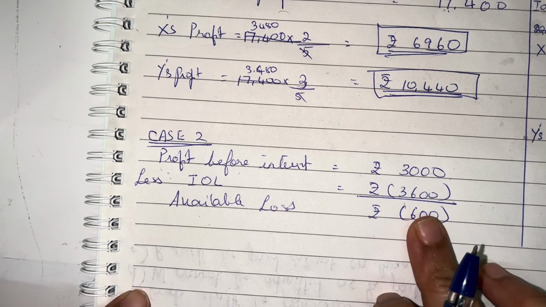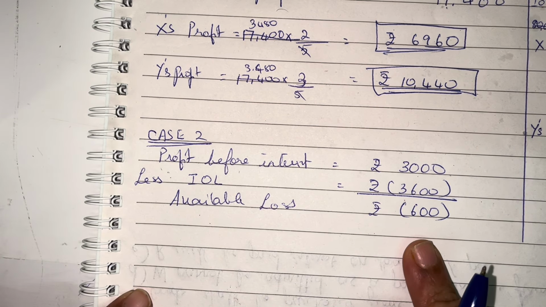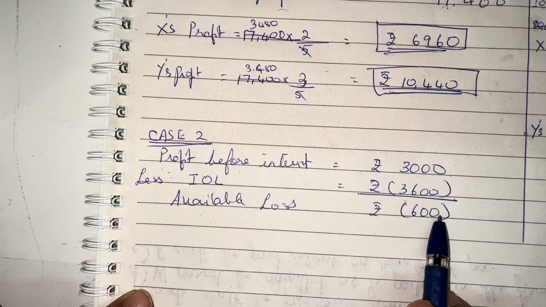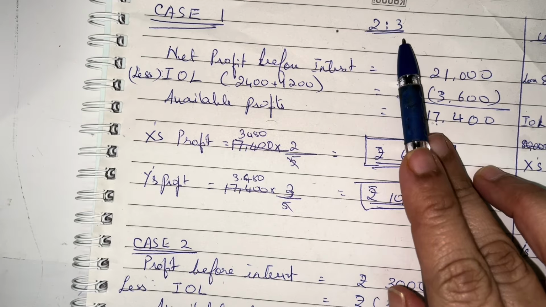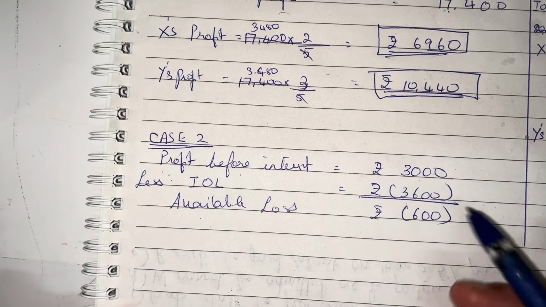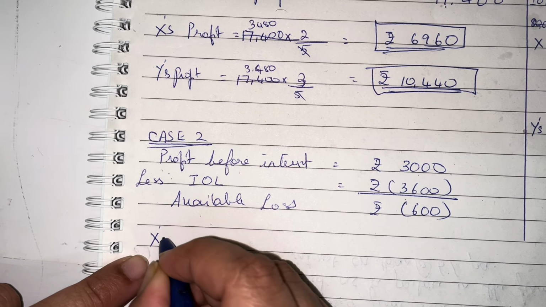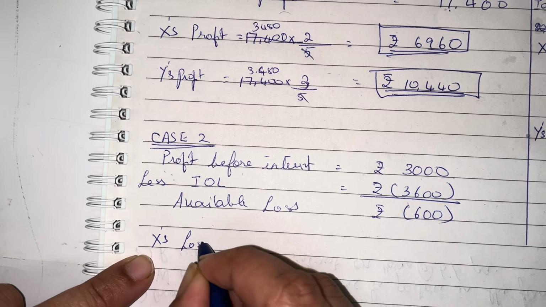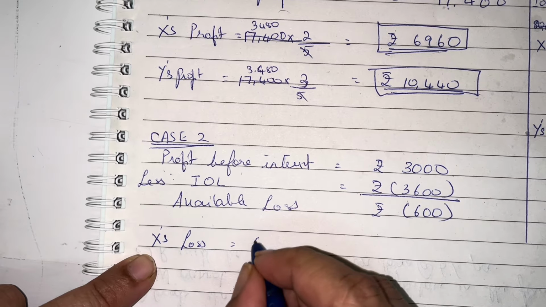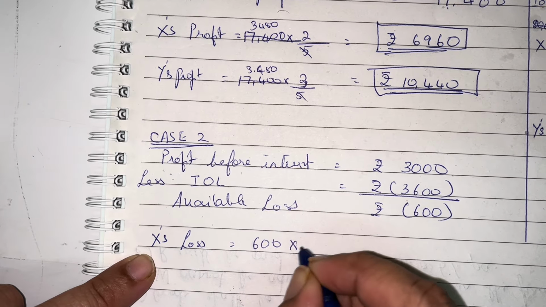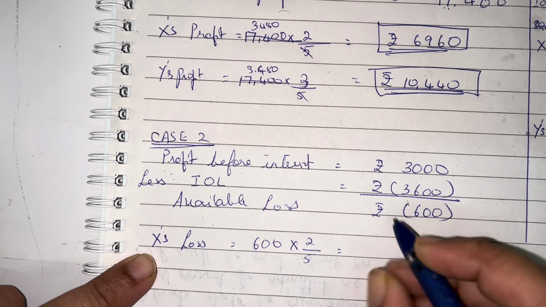Okay, now this loss has to be borne between the two partners in the ratio of 2:3. Okay, so now let's divide this. X's share of loss would be 600 into 2 divided by 5.